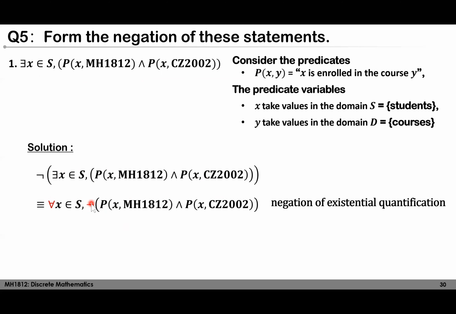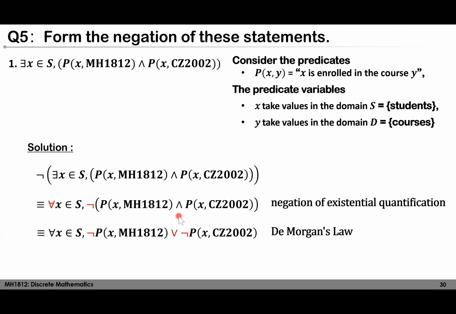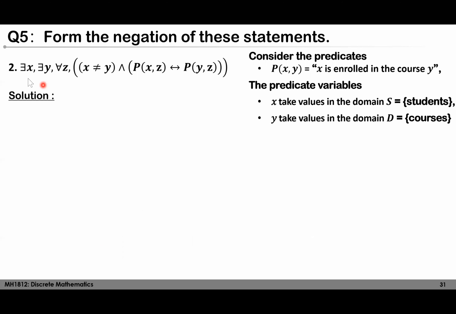And we know there is a negation of a conjunction. So by De Morgan's law, we take negation inside the bracket and get the disjunction of two negations. So this is the result for the first question. For the second, we say there are several quantifications.